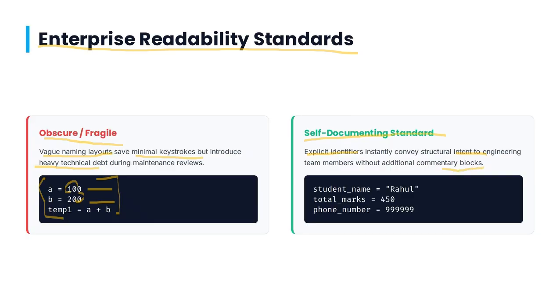Student name equal to Rahul, total marks equal to 450, phone number equal to 9999. So we know what this Rahul represents, what student name stores, what total marks stores, and what this 450 represents. We all know because we give a meaningful name to the identifiers, which helps us identify what the value represents.